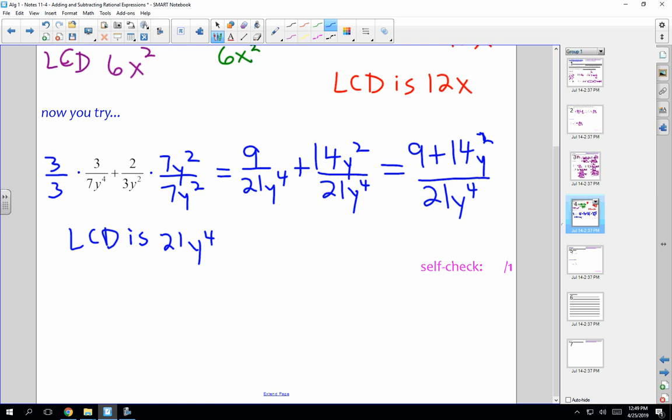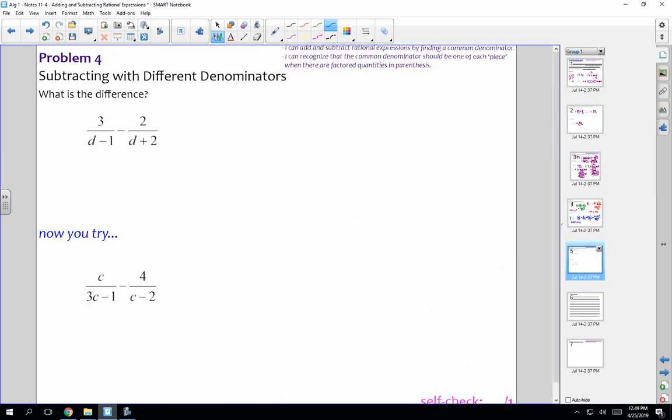All right, one more example to try here. This is one that involves binomials. Think of them as being in parentheses. Neither d minus 1 nor d plus 2 have anything in common. So what we need to have as the least common denominator is both of those.